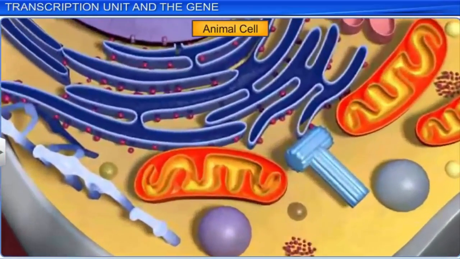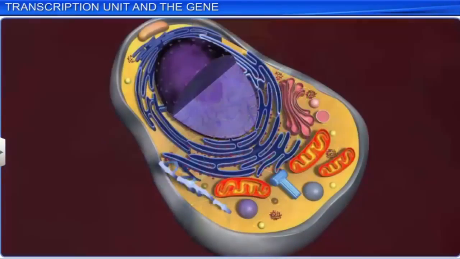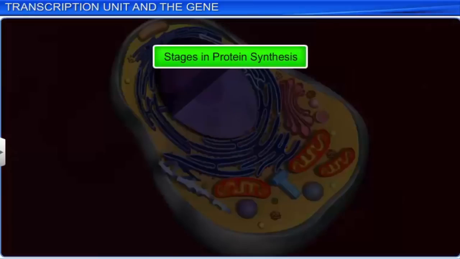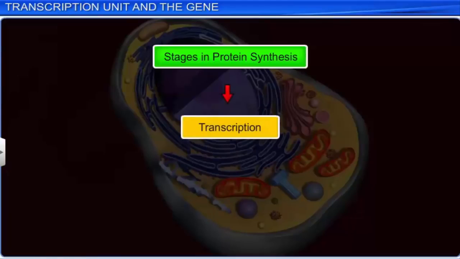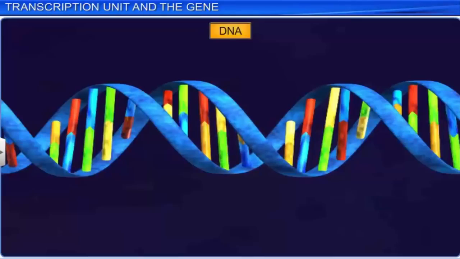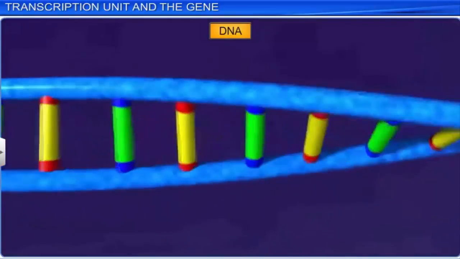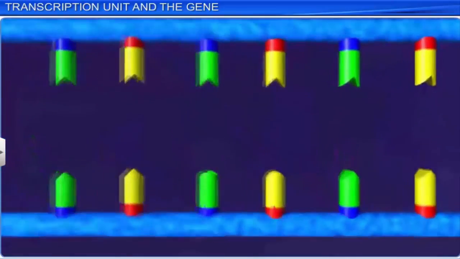Proteins play a pivotal role in the proper functioning of any organism. The synthesis of proteins occurs in the cell in two phases, namely transcription and translation. Transcription takes place in the nucleus, where the DNA acts as a template for the synthesis of messenger RNA.